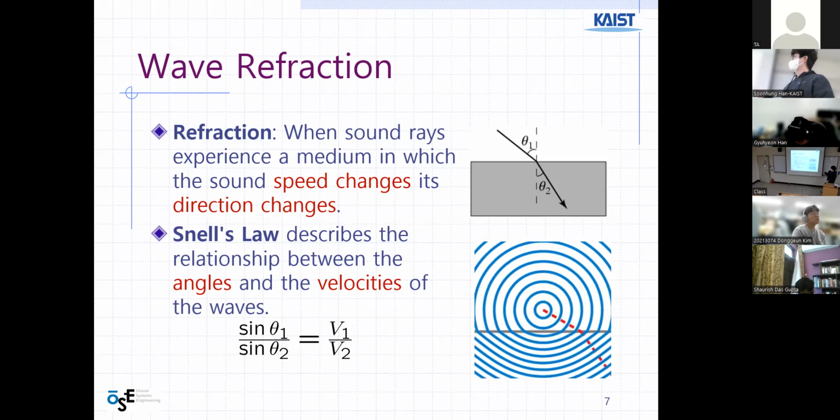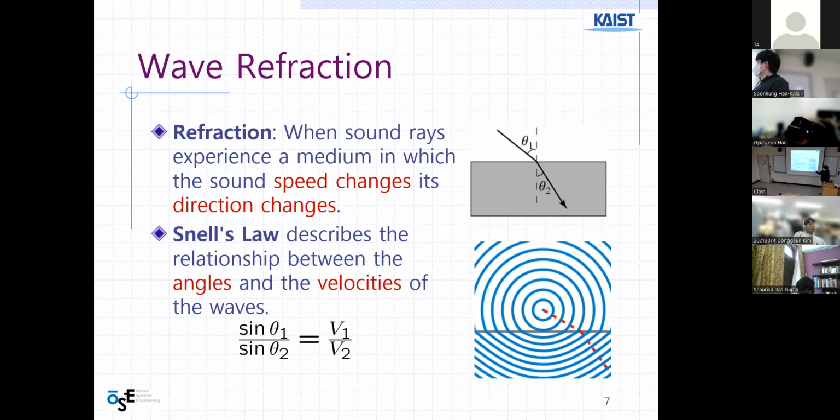Refraction is when a wave propagates and encounters a medium that has a different propagation velocity, the direction is changed. And Snell's law describes the relation between angles and velocity like this.